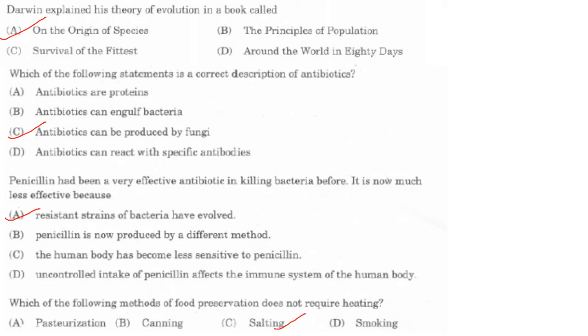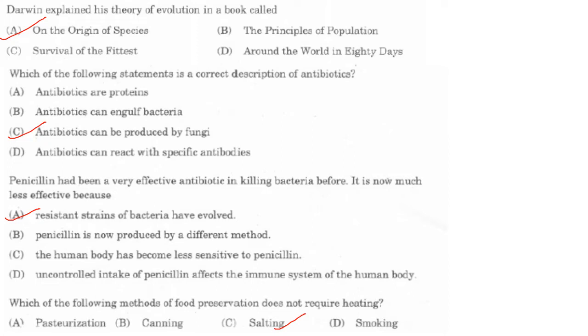No. Antibiotics can engulf bacteria? No. They can be either bacteriostatic or bactericidal. They don't engulf bacteria. Antibiotics can be produced by fungi. That is correct. Antibiotics can react with specific antibodies. That is also not correct. So option C is the answer.